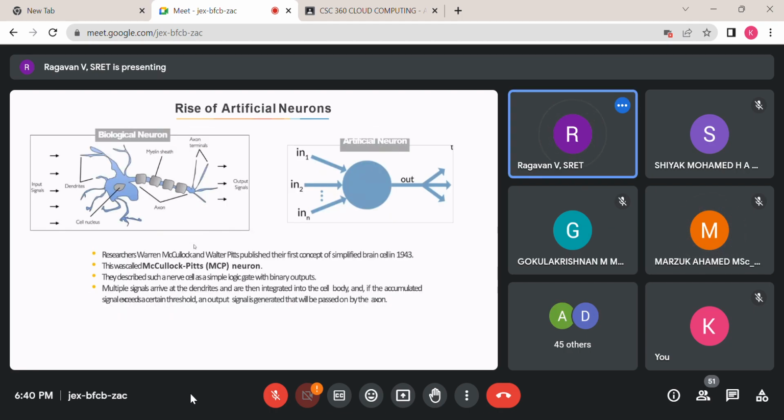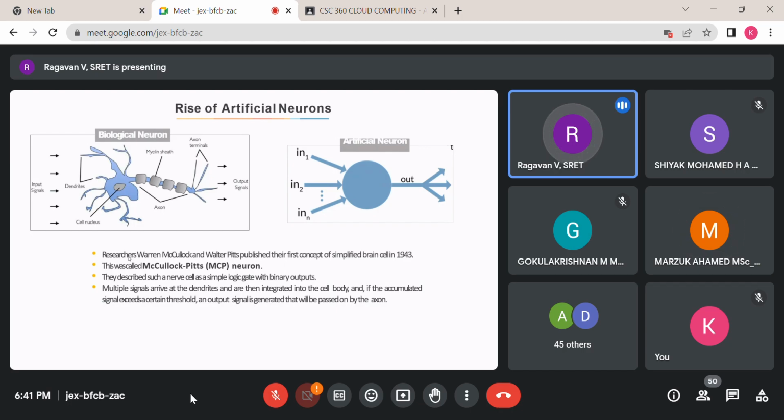Okay. Now the comparison between the biological neuron and the artificial neuron. In the neural network, all the neurons are called artificial neurons. Fine. So the history: the researchers Warren McCulloch and Walter Pitts. In deep learning terms, it is called the McCulloch-Pitts neuron. McCulloch is one mathematician, and Walter Pitts is another mathematician.